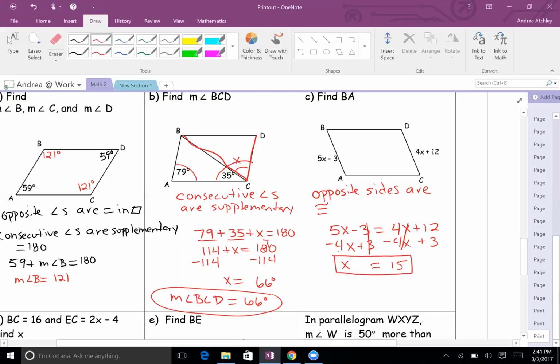But it didn't ask me for x. It asked me to find BA. So then I have to plug it in. So BA equals 5x minus 3. So I'm going to plug in 15 for my x.